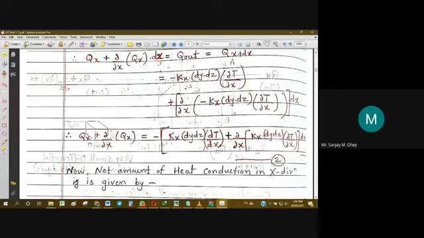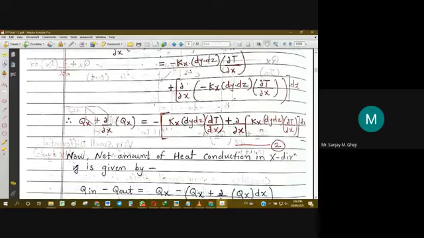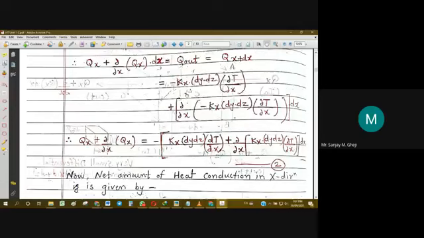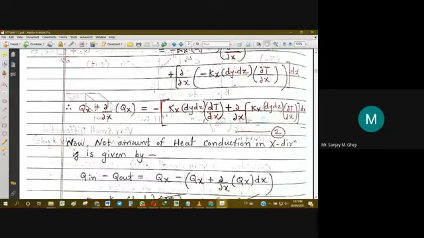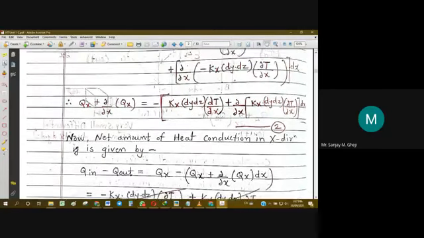So q at qx plus ∂/∂x of qx will be given by like this. Okay. Here what we have done is minus sign is taken out and both are written as a sum. Now this is the heat outgoing or heat conducted out of the element.